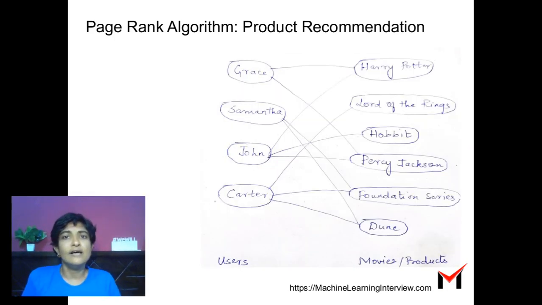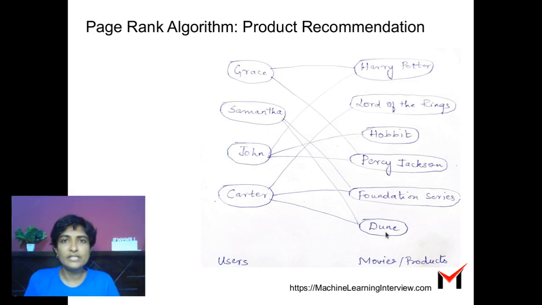And then another example is the product recommendation use case. So here again, let's say we have a set of users, Grace, Samantha, John, Carter, and here we have a bunch of books, or these could be movies or products or songs, but here these are names of books perhaps. We have Harry Potter, Lord of the Rings, Hobbit, Percy Jackson, the Foundation series, Dune, and so on.